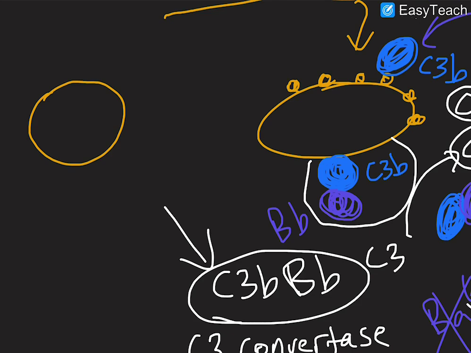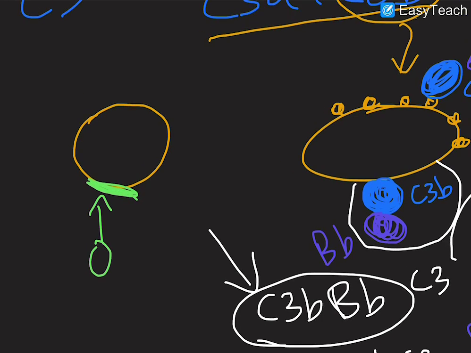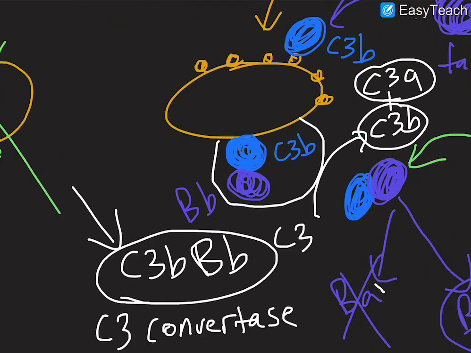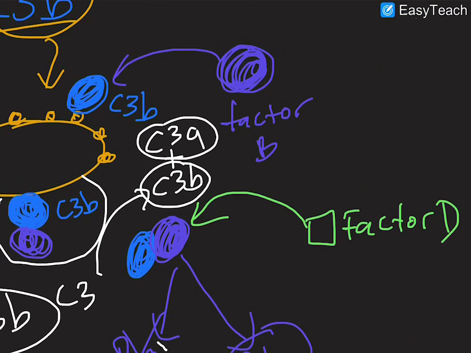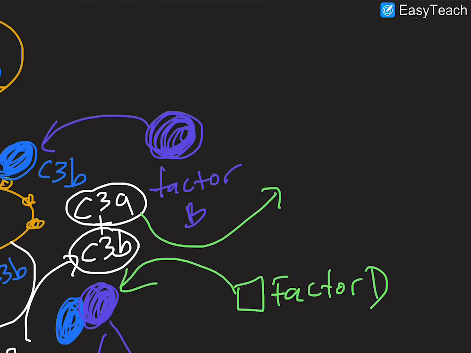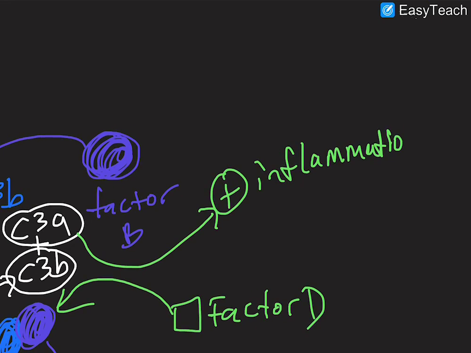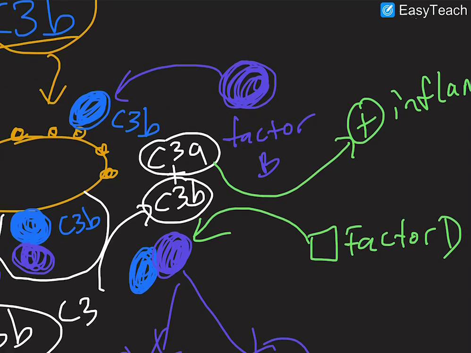Remember, C3b can directly come in and bind onto the pathogen cell surface, which can then help neutrophils and macrophages destroy this pathogen. So that's the importance of C3b. And we said C3a induces inflammation, and we also said it helps activate things like histamines.